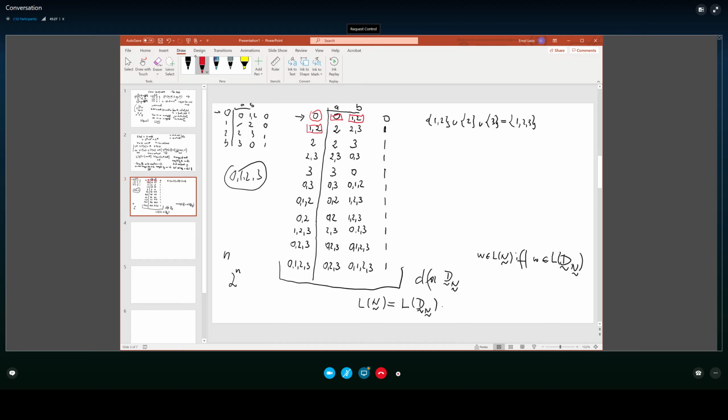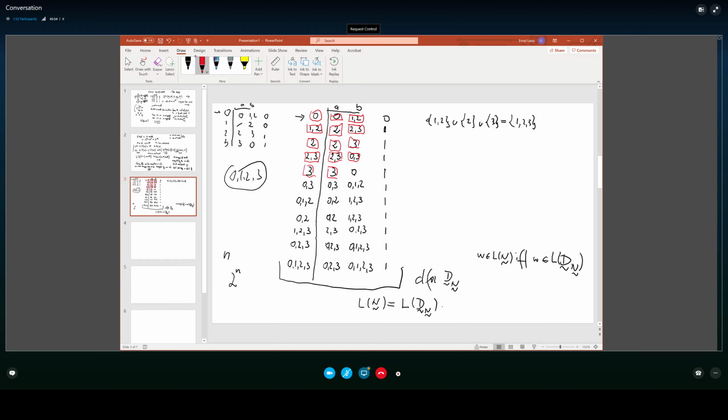So 1, 2 with the box is a state, and 0 with the box is a state, and 2 with the box around is a state, and 2, 3 with the box around is a single state. And so obviously the box is kind of redundant after you've done it, but it becomes very clear that each of these things now is a state.